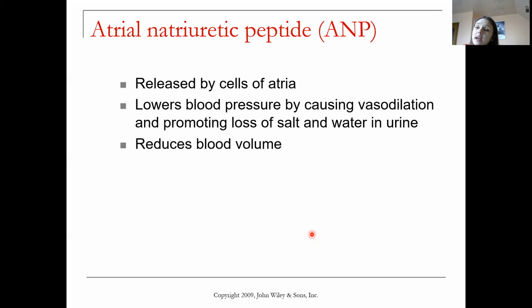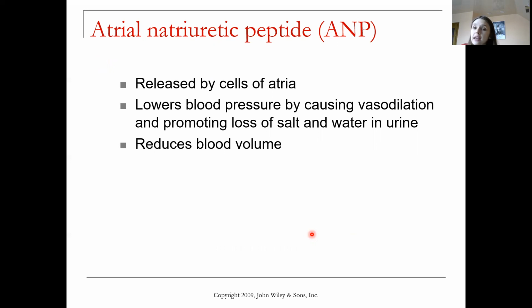Atrial natriuretic peptide has the opposite effect to antidiuretic hormone. It is released by the cardiomyocytes of the right atrium, and its mechanism is responsible for decreasing blood pressure. When we have a big venous return, we have stretching of the atria, of the right atrium.